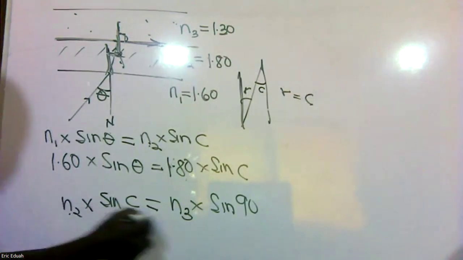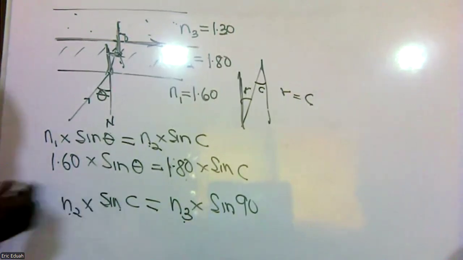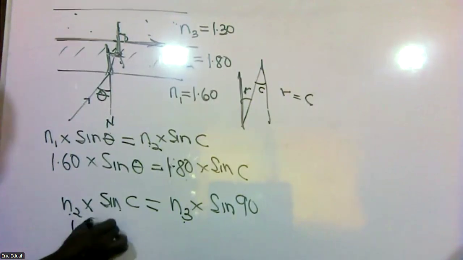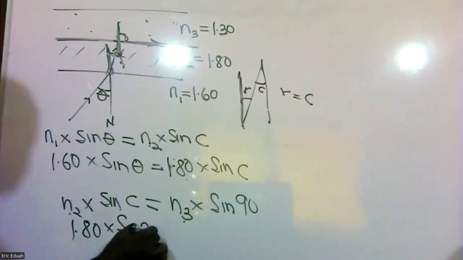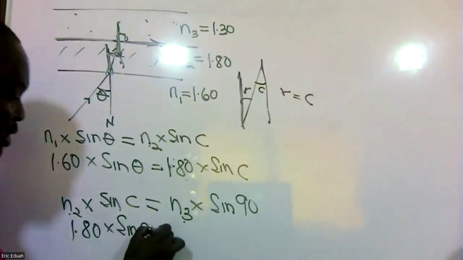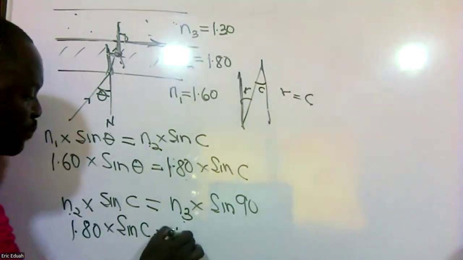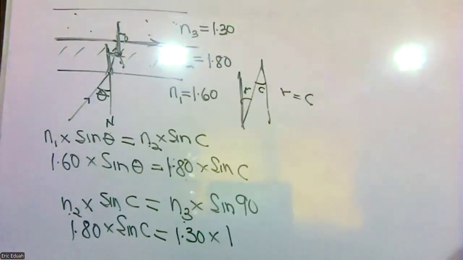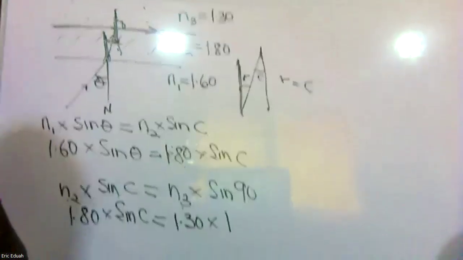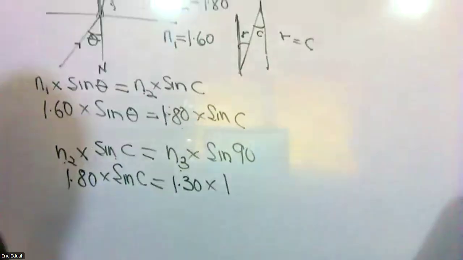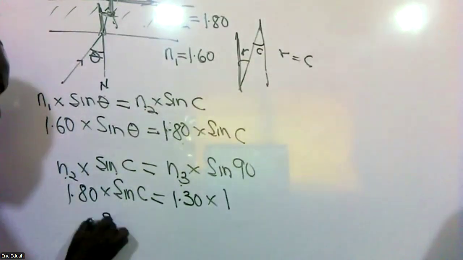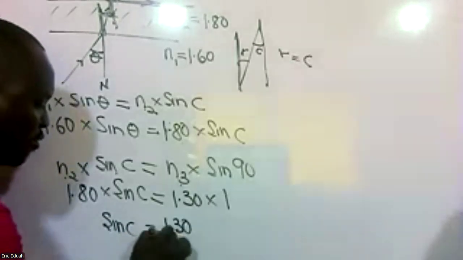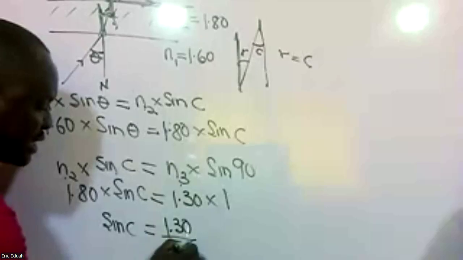Knowing N2 and N3, we can find sine C. So 1.8 times sine of the critical angle is equal to 1.3 times 1, since sine 90 is 1. Therefore, sine C will be equal to 1.3 over 1.8.